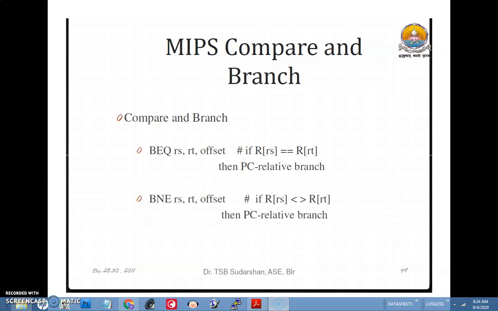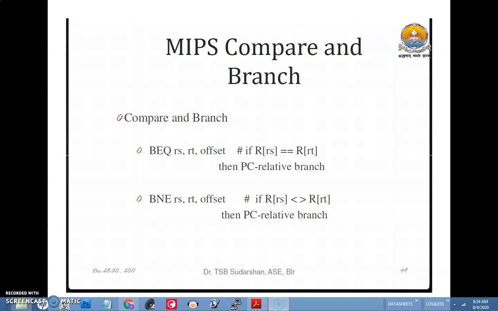Now if you look at the instruction, RS and RT are compared, and based on the comparison you are modifying the PC. Look at the first instance, branch on equal to, RS, RT, offset.